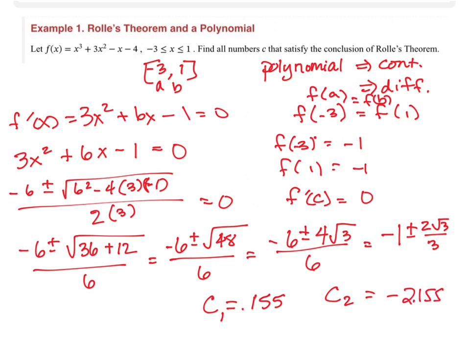-2.155. Okay. What I really wanted to show you was the calculator image that goes with this, and I couldn't. But the picture at the bottom of your page on page 307 kind of shows you what happened here.